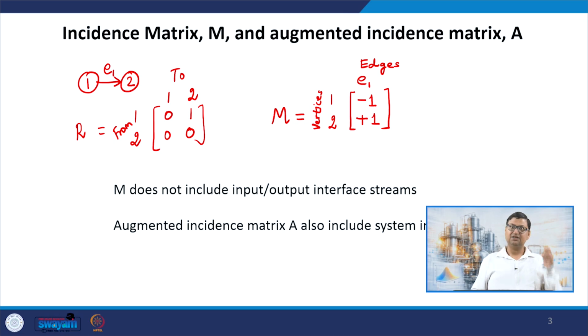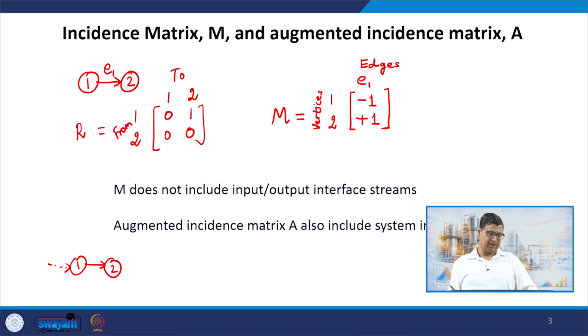In fact, now we can also include the effect of interfaces in the system. You can imagine in this simple graph, 1 must be getting flow from somewhere, so let me define an input interface there. Similarly, 2 must be sending things somewhere, so let me define an output interface there.